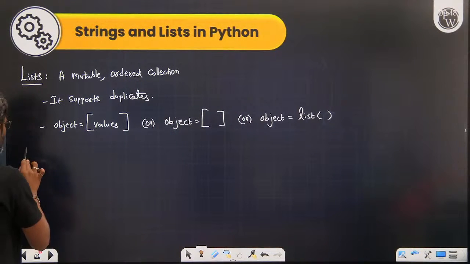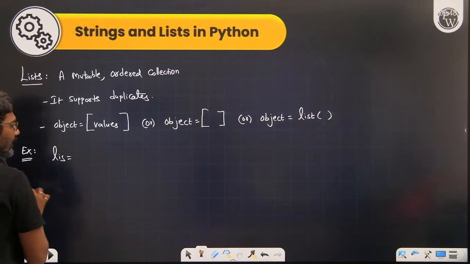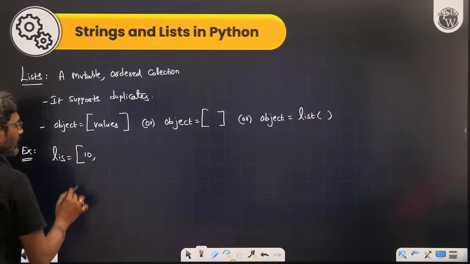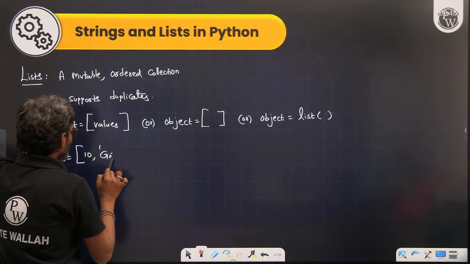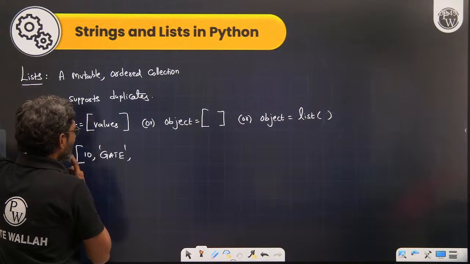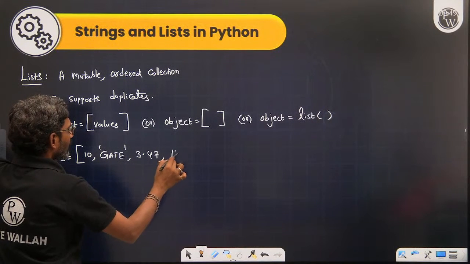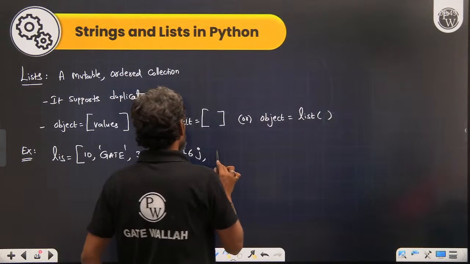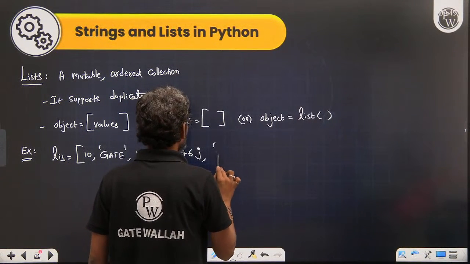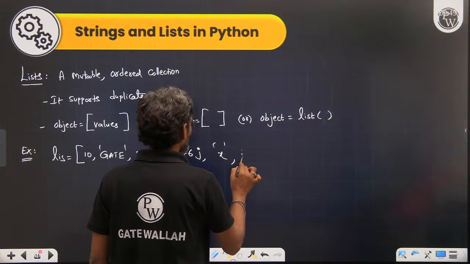Okay. So just a simple example, let's say lis is equal to 10 comma 'gate' comma 3.47 comma 12+6j comma 'x' comma 15.